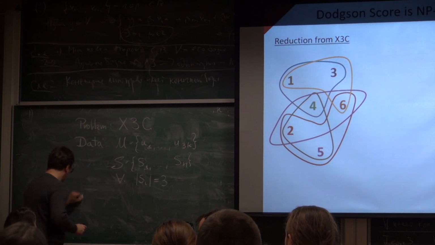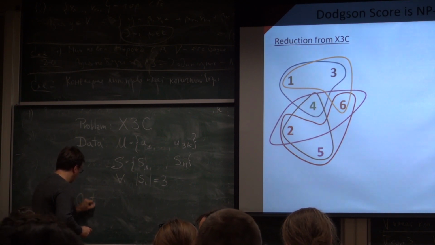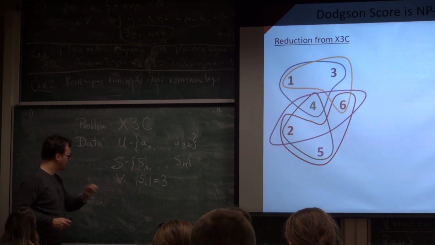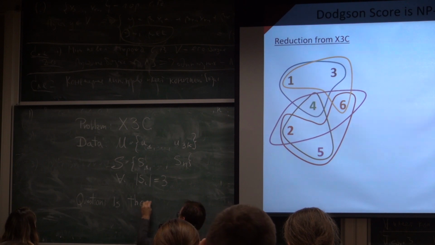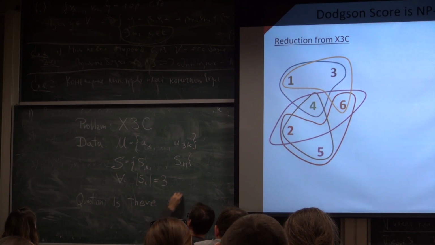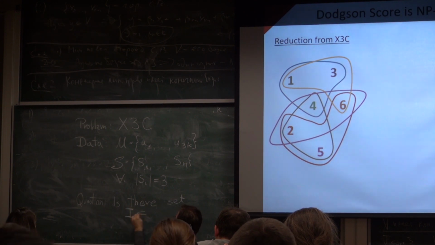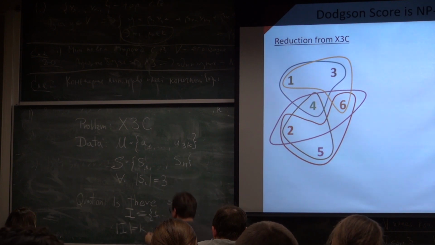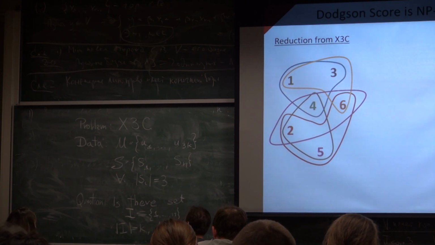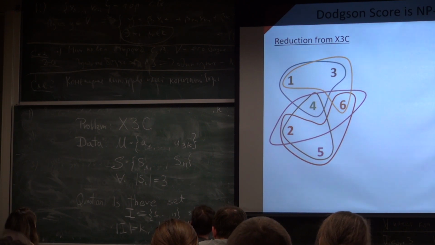And the question is, is there a set I of indices from 1 to n such that I contains exactly k elements, and the union of the sets Si with indices from I is exactly the universe?